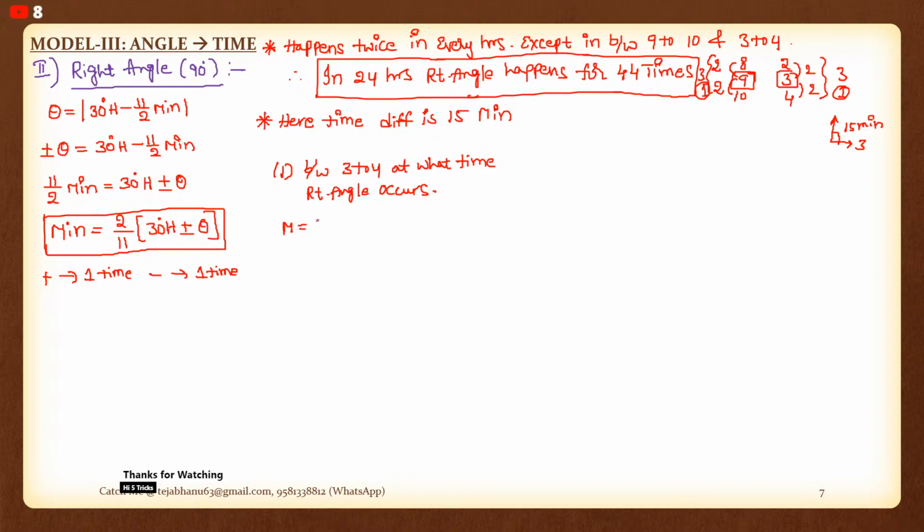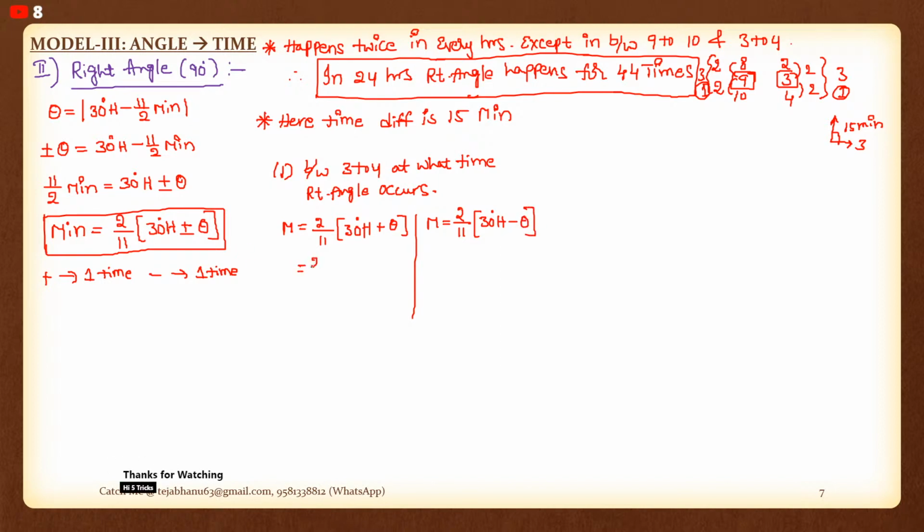Minutes is equal to 2 by 11 into 30 degrees into h plus theta, that is one value, and minutes is equal to 2 by 11 into 30 degrees into h minus theta.